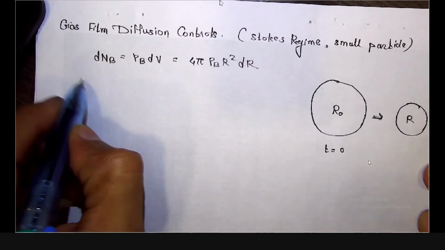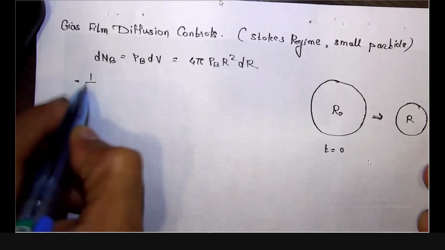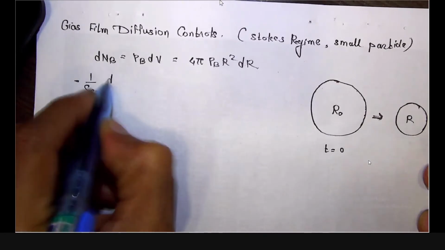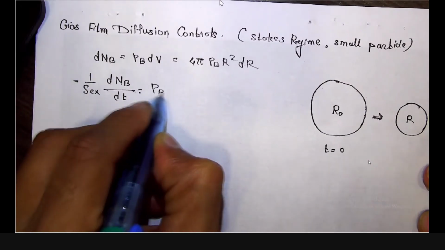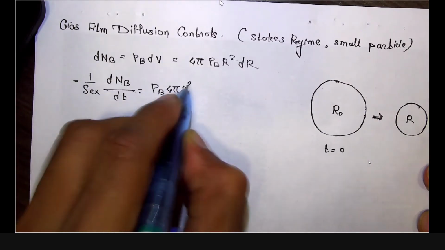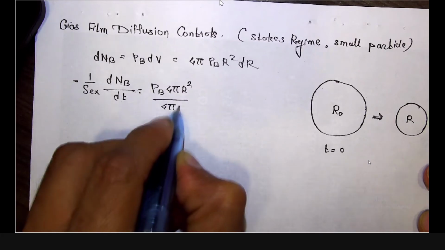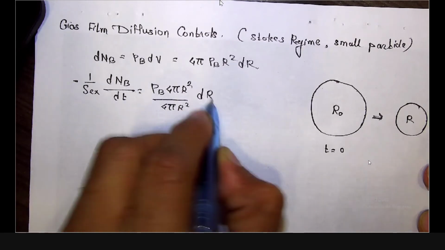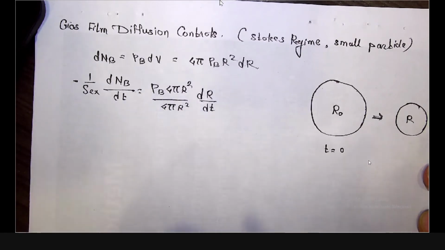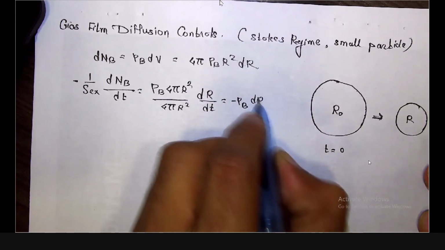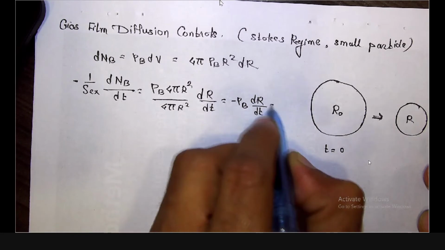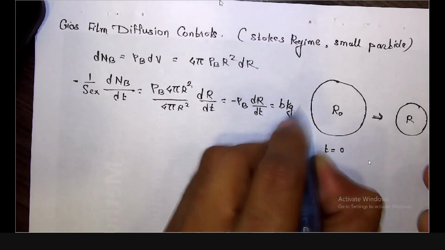So if you take the balance, if you recall your equations, quickly I'll write: dNb by dt, rho b 4 pi r square dr by dt, is it? And this becomes minus rho b dr by dt, and this is equal to b kg, the mass transfer coefficient, into CAG.